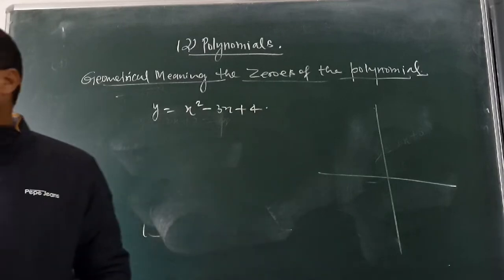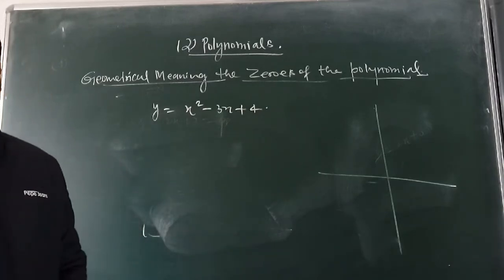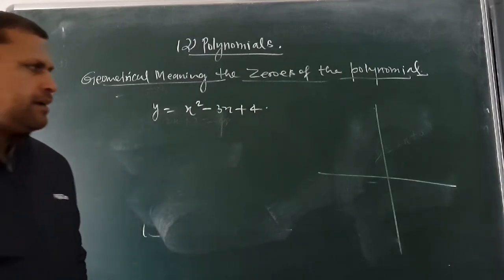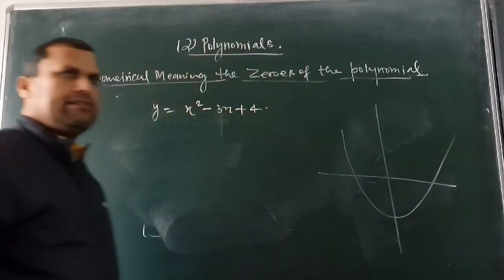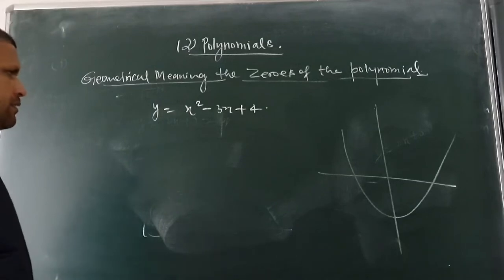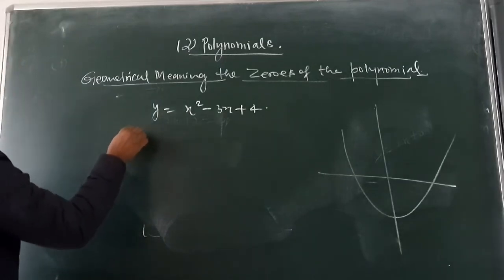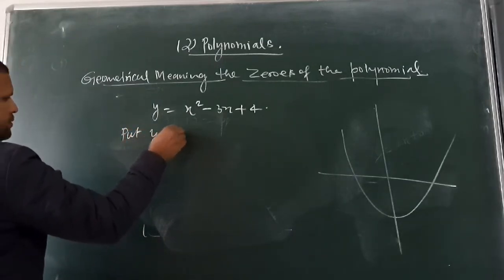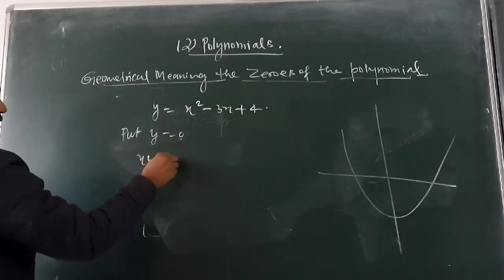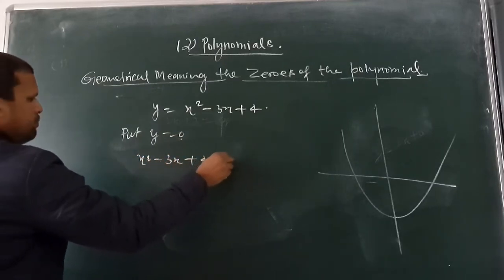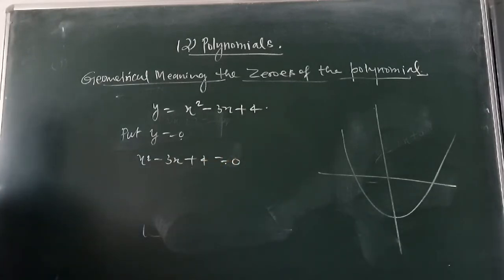This equation is a quadratic equation. Suppose the graph of this equation is that. Put y equal to 0. So x square minus 3x minus 4 equal to 0.